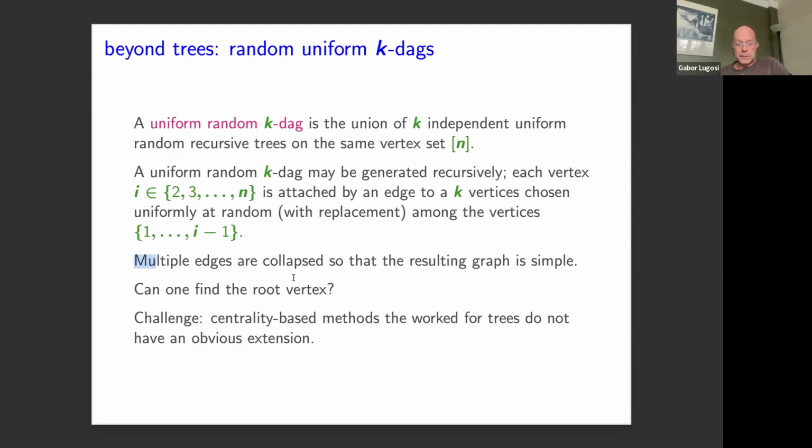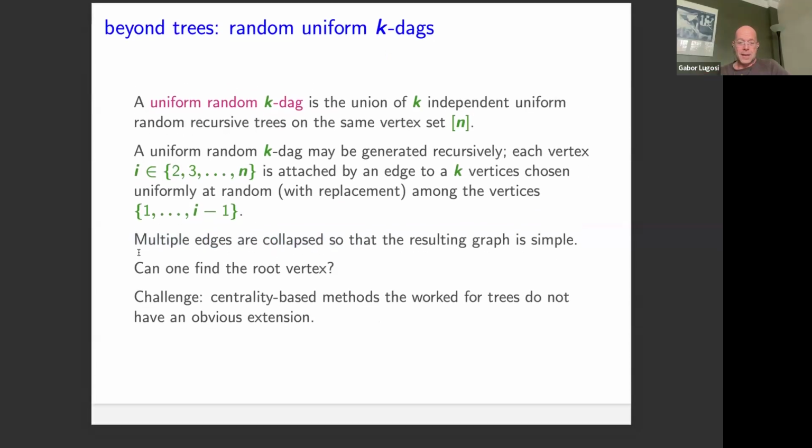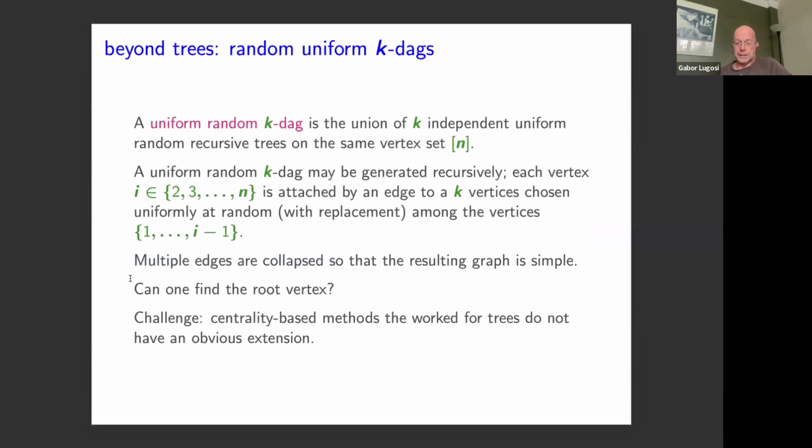In order to avoid trivialities, we collapse multiple edges, so if a vertex attaches to the same parent twice, it will only show up as one edge. And the question is, can we find the root vertex?